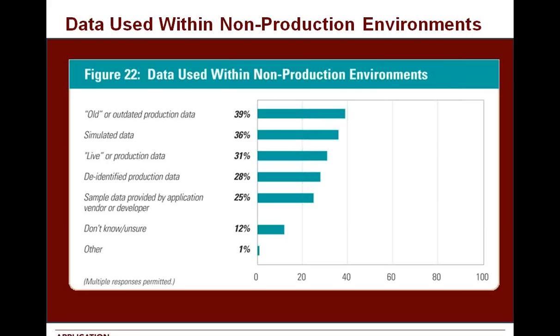They actually use live production data that is sent out to non-production environments, and more than 1/3 use simulated data for such non-production purposes, which is a good practice. 39% say they use old or outdated production data, which sounds like a best practice.